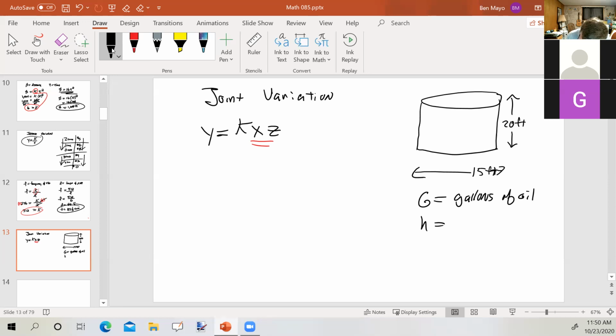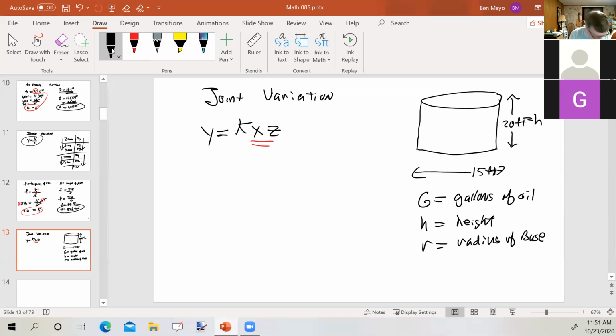We're going to use H for height, and the square of the radius of its base, R. So G stands for gallons of oil, H stands for the height, and the radius, R, stands for the radius of the base. Is the 15 feet the radius? No. What would the radius be? 7.5. Right, half of that.